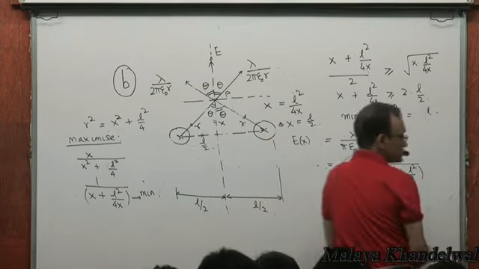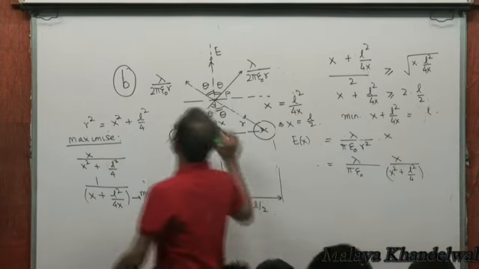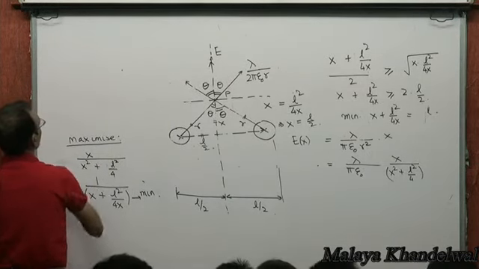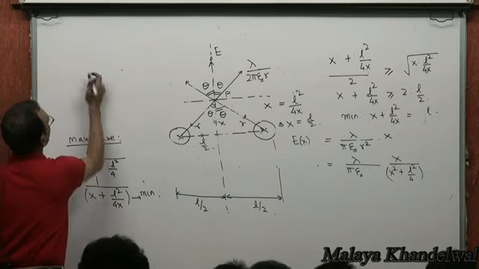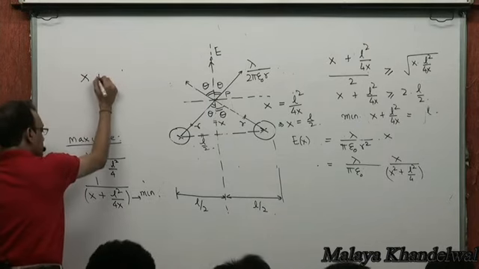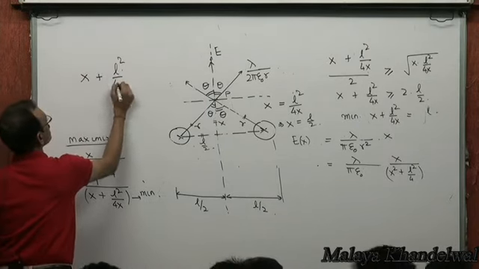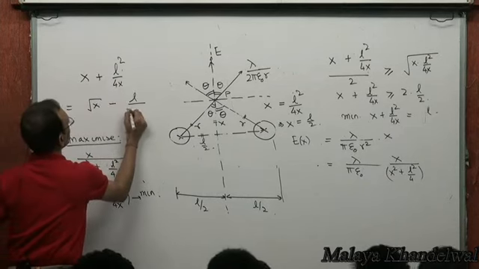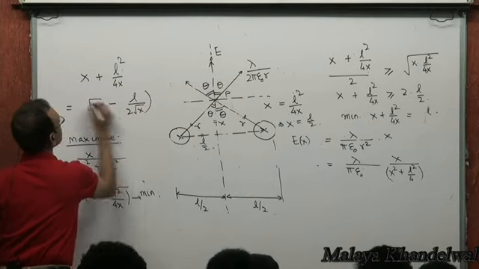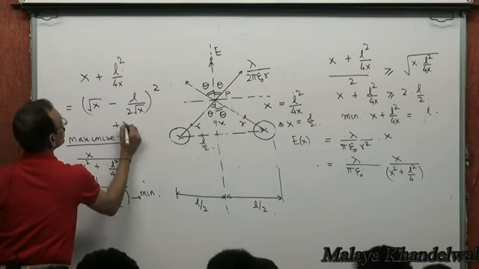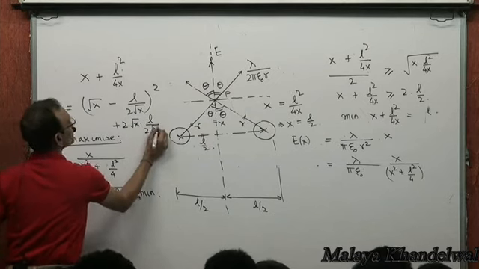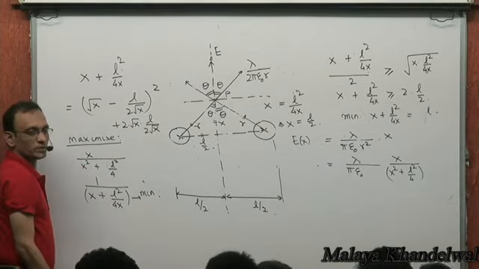Or what you could have done is, you could have written x plus L squared by 4x as root x minus L by 2 root x whole squared plus twice root x into L by 2 root x, a minus b whole squared plus 2ab.